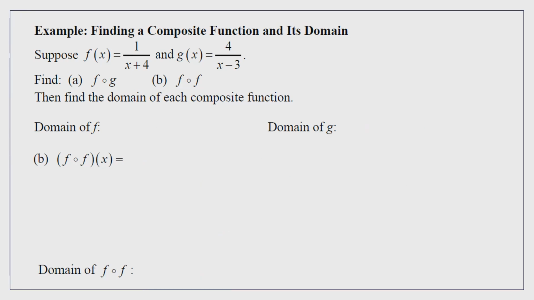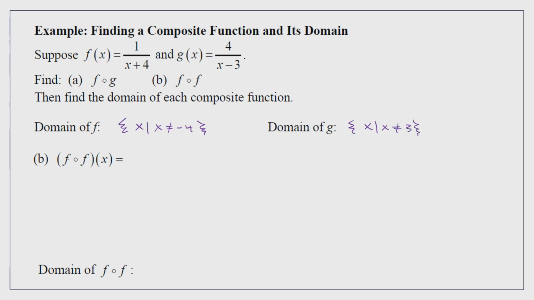All right, let's continue on to b. We're asked to find f composed with f of x, remembering that the domain of f is all x values except when x equals negative 4, and the domain of g is all x values except when x equals 3.